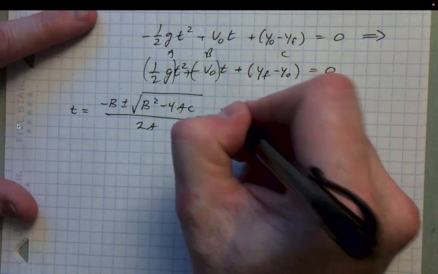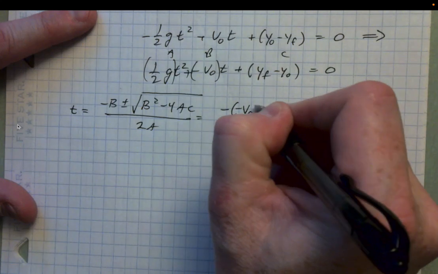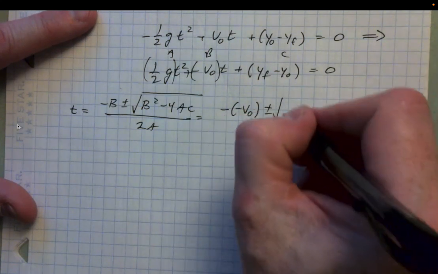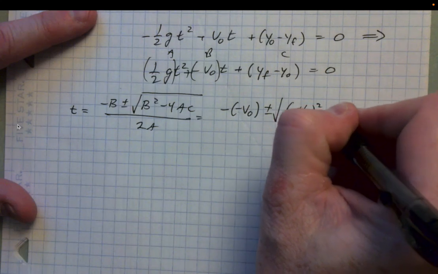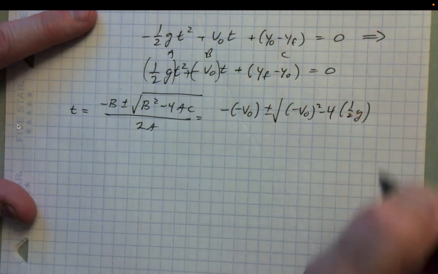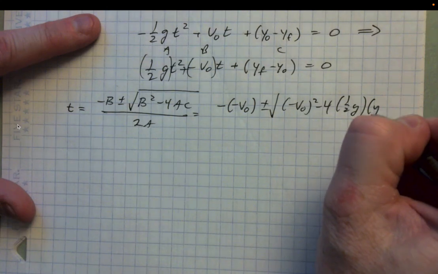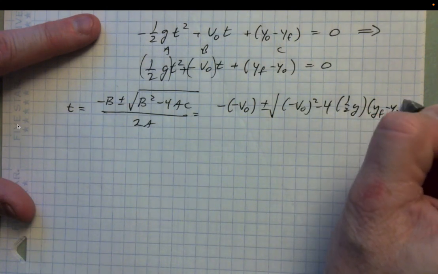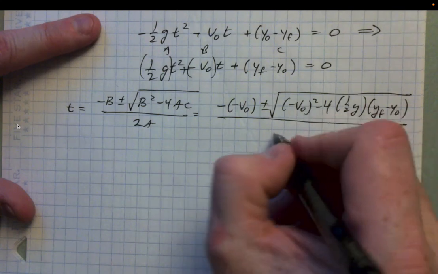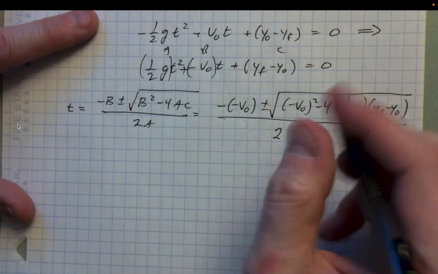So I get negative v naught plus or minus the square root of negative v naught squared minus 4 times 1/2 g times y final minus y initial. Okay, so I got the square root there, all divided by 2 times a, and remember a is 1/2 g.